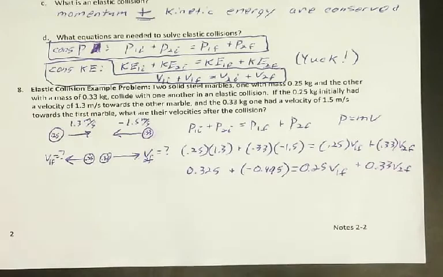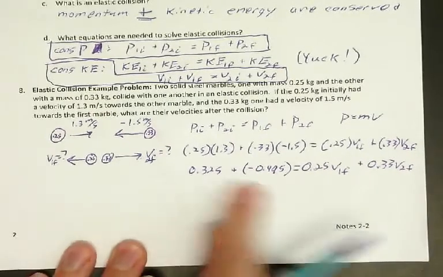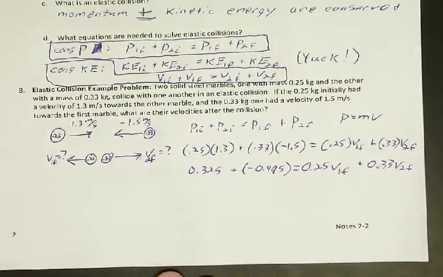That is as far as I can get. I suppose I could add these two together, but for right now, this is a good point to be at. Any questions up to here?